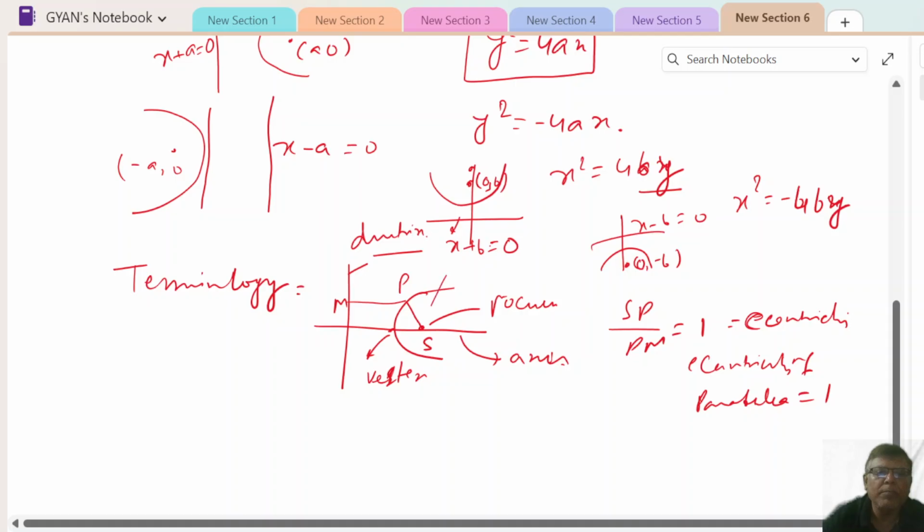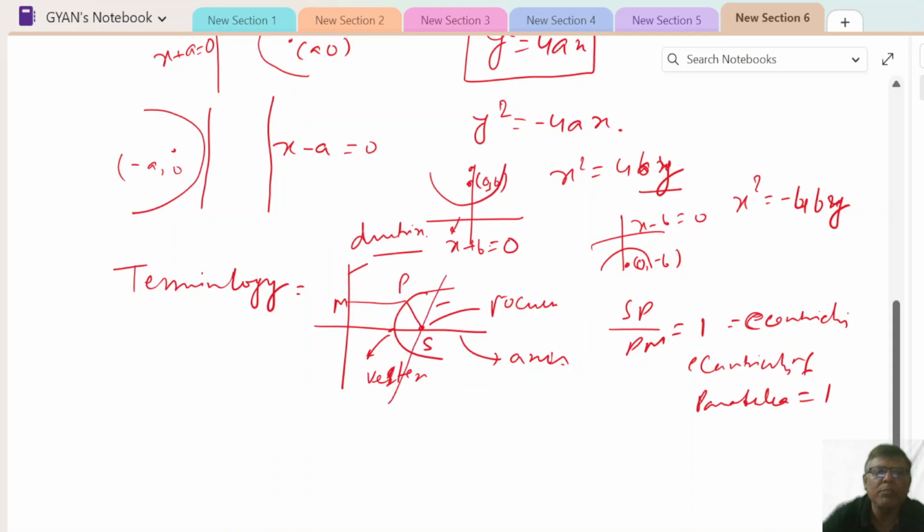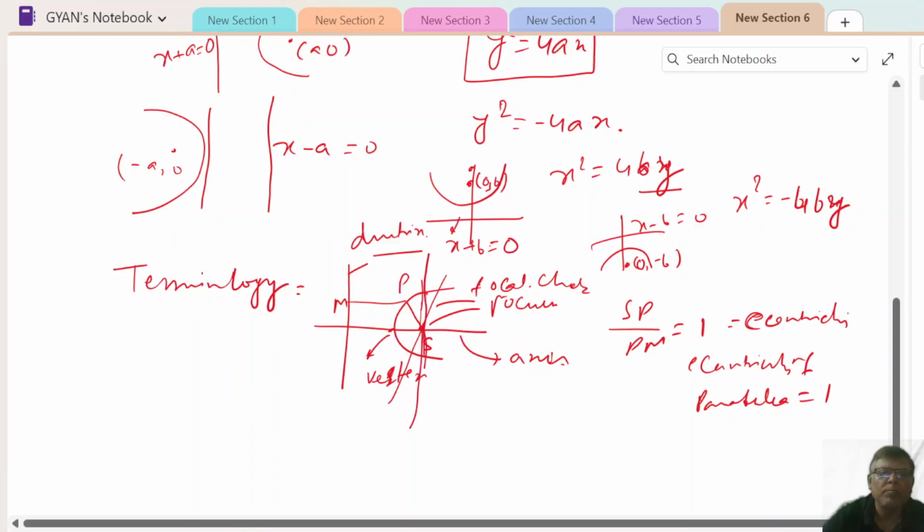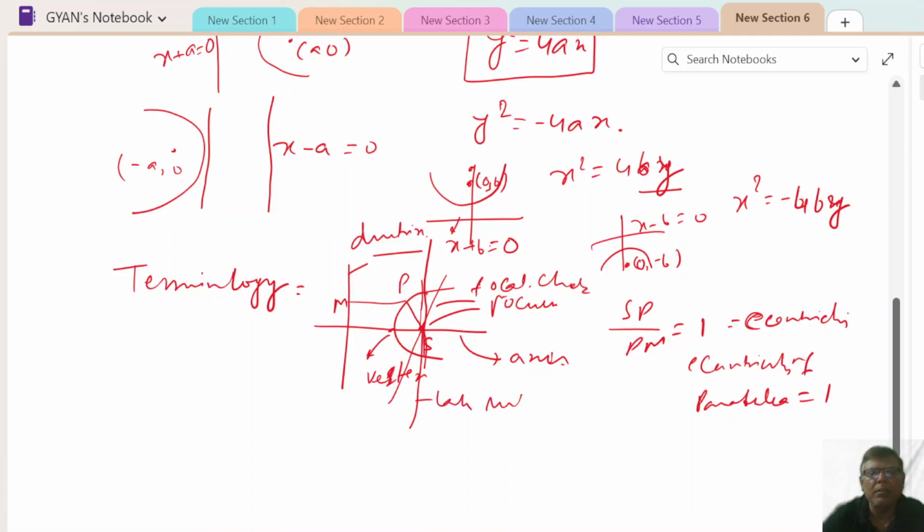Any chord which is passing through the focus is called a focal chord. If the focal chord is perpendicular to the axis, parallel to the y-axis, then this is called the latus rectum line, and this distance is called the latus rectum.